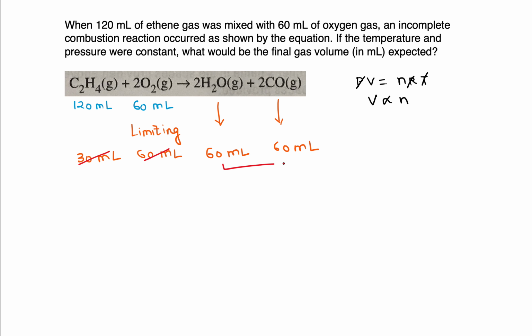So the products are 120 ml, but you also have 90 ml of ethene remaining because only 30 ml reacted, right? Because it was in excess. So 120 ml plus 90 ml, the answer should be 210 ml of the final gas volume expected.